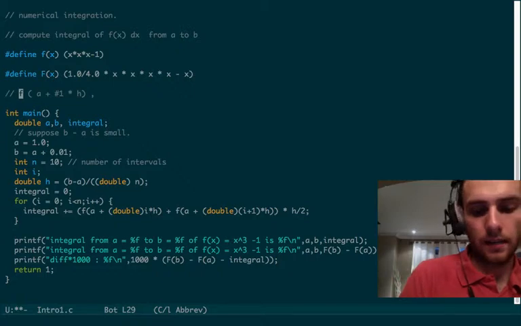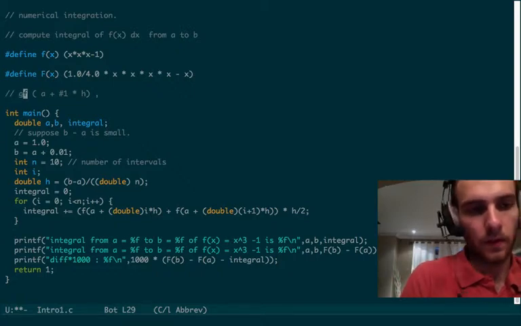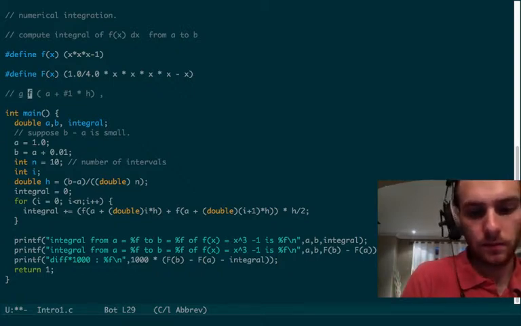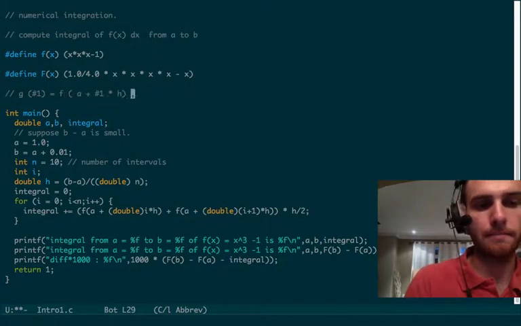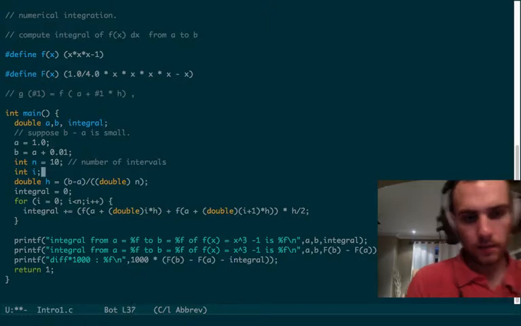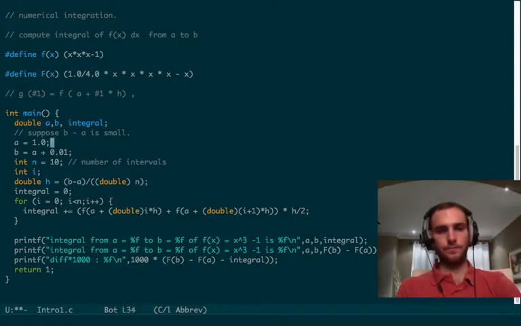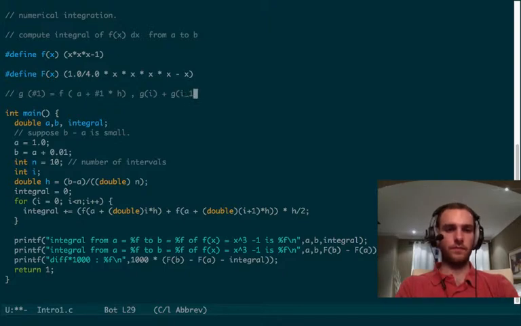See if we call that g, g at this thing is equal to that. Then what we see here is basically g at i plus g at i plus 1.